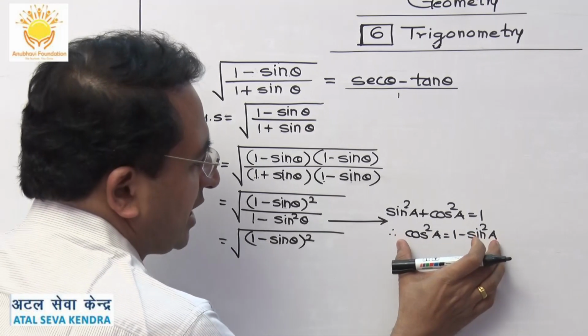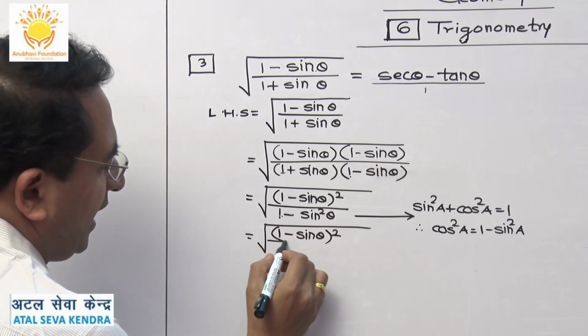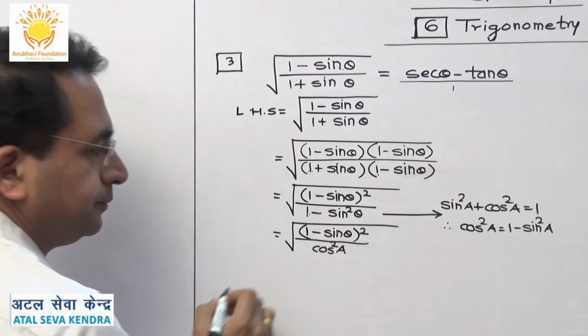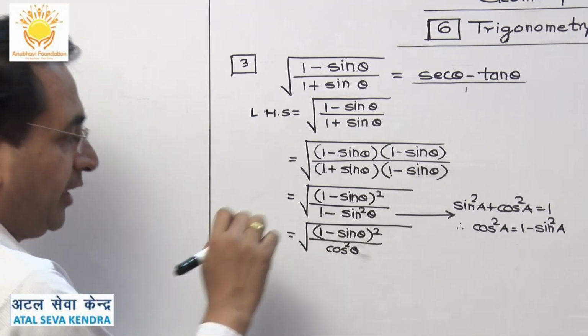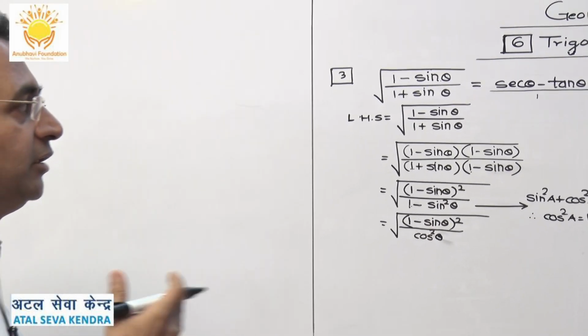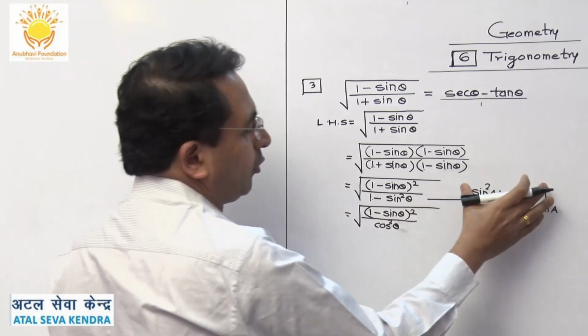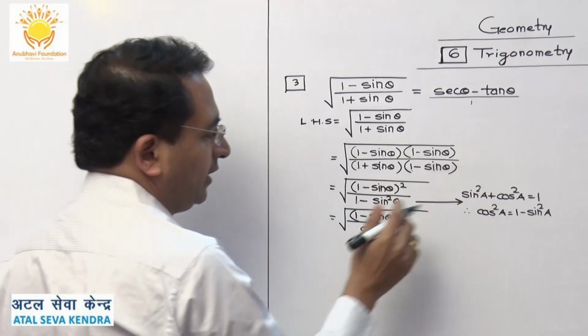So 1 minus sine square a is coming here. The answer of that is ultimately cos square a. Here we have to write theta. That is what I told you: whenever you are writing the formula, suppose the question is in terms of theta, then write the formula in terms of a. Use some different symbol for the angle.